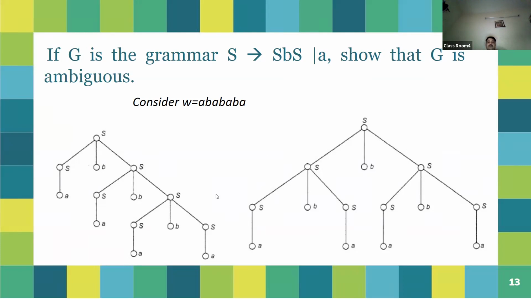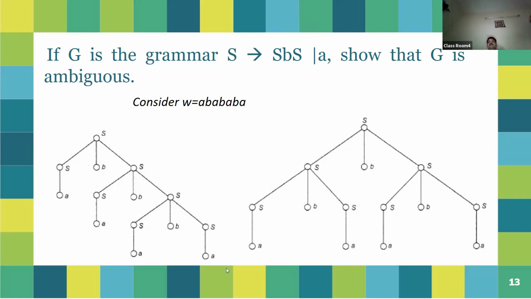Clear? So what did we complete today? Ambiguity. How can we check whether a grammar is ambiguous or not? There are two types of problems. First, the grammar is given to you and the string is also given to you, and you have to design two leftmost derivations or two parse trees for the same string. Then you can declare that the grammar is ambiguous.